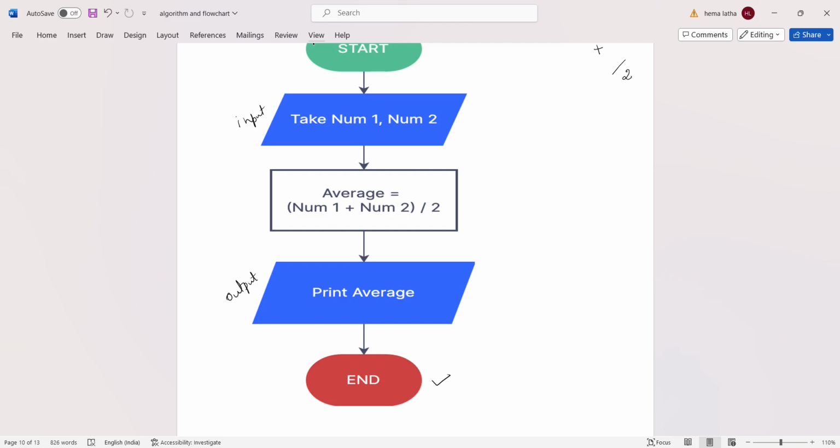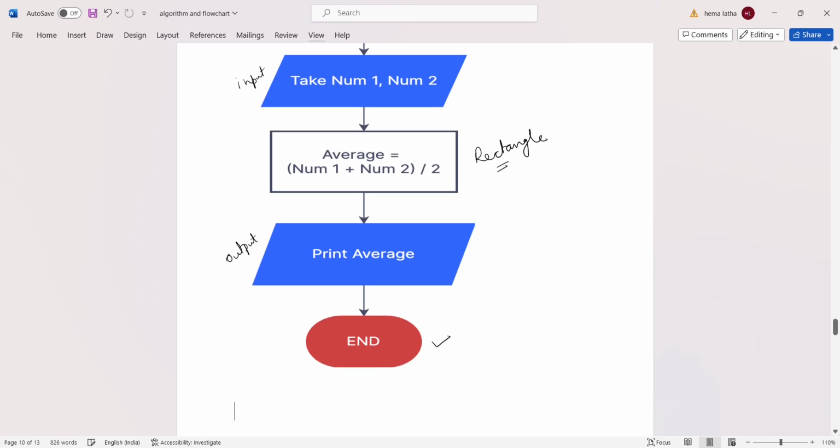In input we are taking num1 and num2, two numbers, and then this is the statement, rectangle symbol for statement. So what we are doing here: average is equal to number 1 plus number 2 divided by 2. So this is the statement, so we are using the rectangle symbol. I hope you understand these steps.